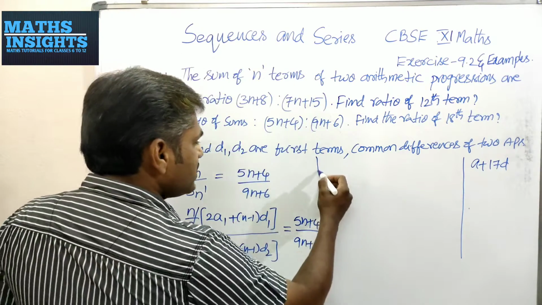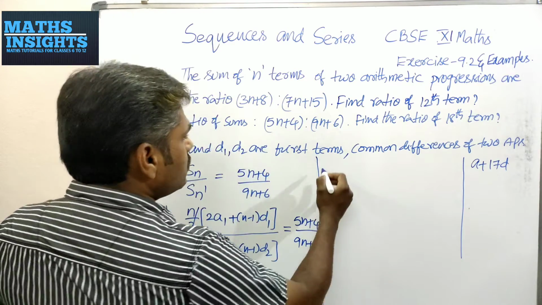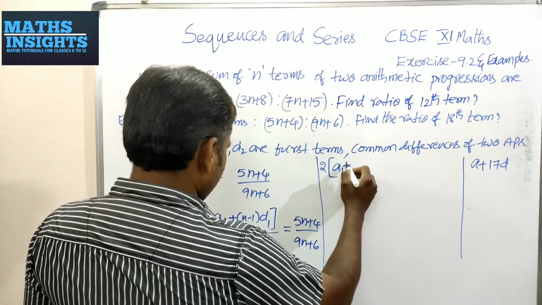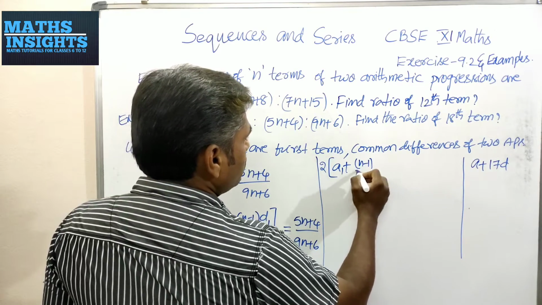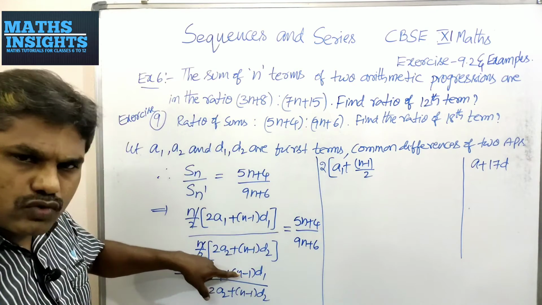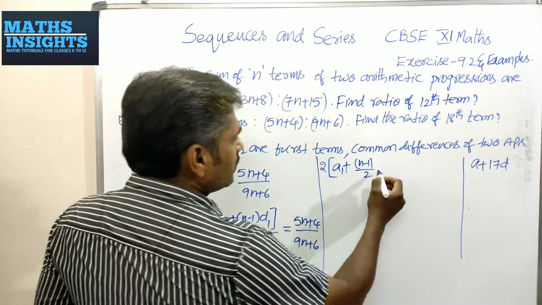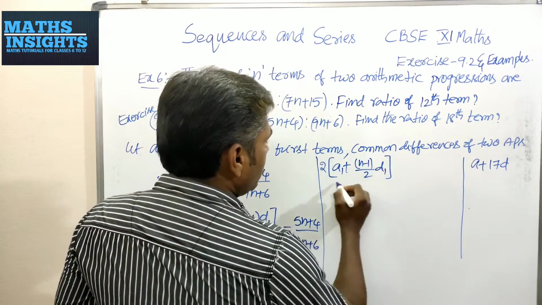My dear students, it is very simple. Taking 2 common, it becomes a1 + ((n - 1)/2)d1. Here there is no 2 to take common, that's why I am dividing by 2 in front of d1.